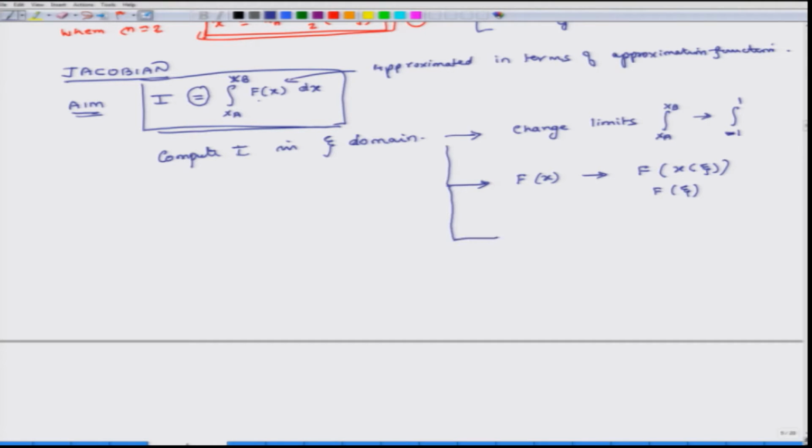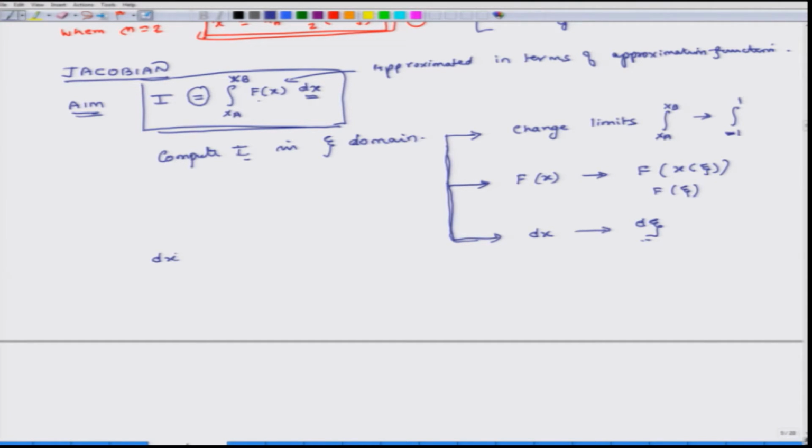And then right now I am integrating it with respect to dx. Somehow I have to change dx to d zeta. So, I have to do these changes, and then I will be able to compute I in the natural coordinate system. So, what is the relationship between dx and d zeta?